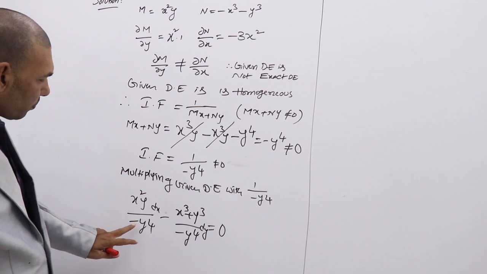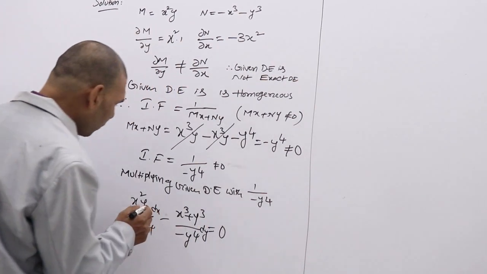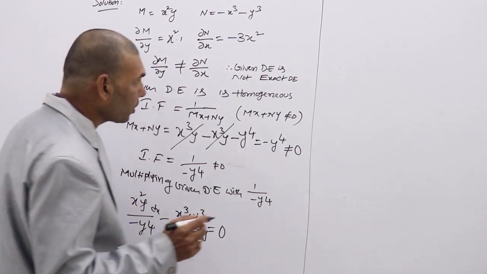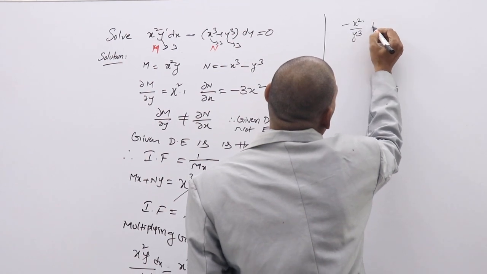Okay, now take this term as it is. You can cancel one y, right? If you cancel, what you will have? Minus x square by y cube dx.